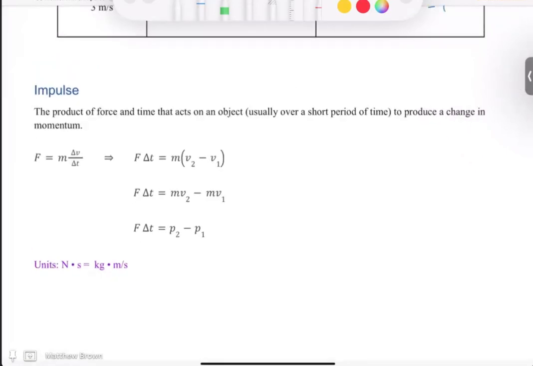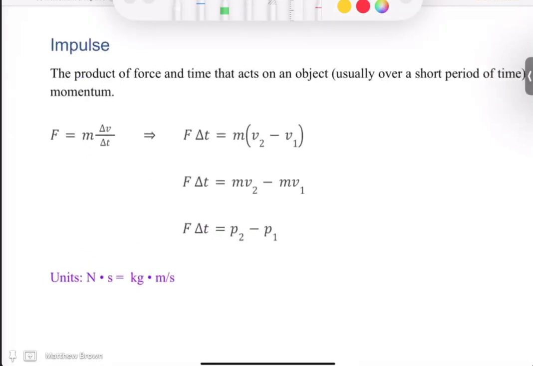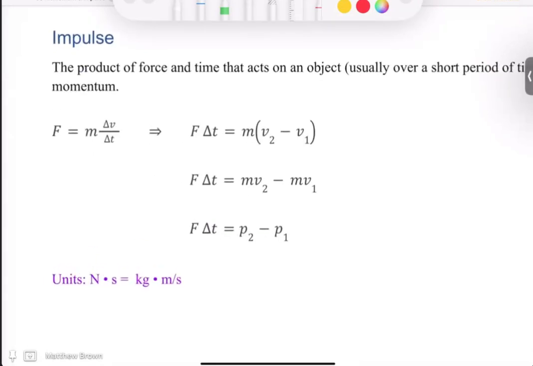Impulse is the product of force and time that acts on an object, usually over a short period of time, to produce a change in momentum. So these two things are very linked in that way. If you look at the equation for force, which is ma, you could write a as delta v over delta t.